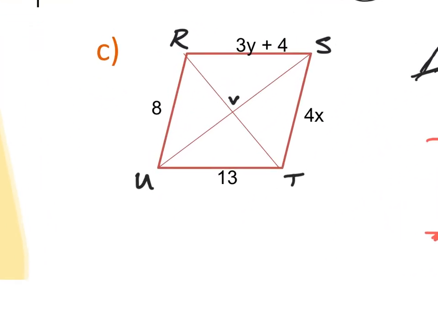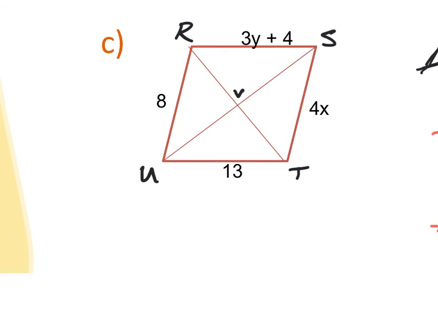Okay, let's do C. Talk to me about C. Yes, ma'am. So we can do 4x equals 8. Okay. So she knew that these two were congruent, so she set them equal to each other. So 8 divided by 4, which is 2. X is equal to 2.